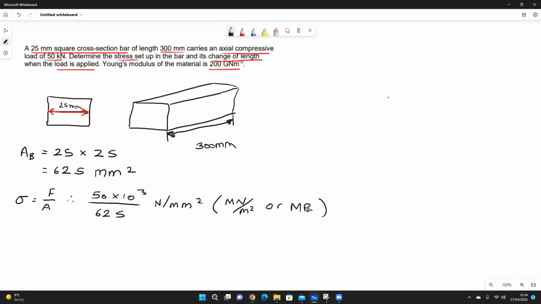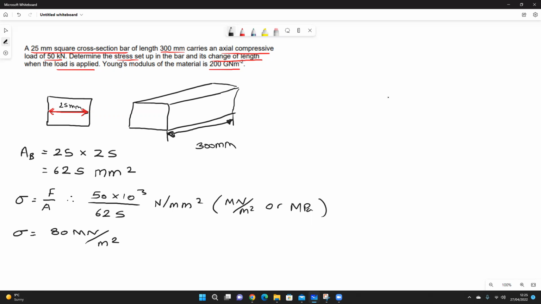That should then give us a stress value which the bar is subjected to of 80 meganewton per meter squared.